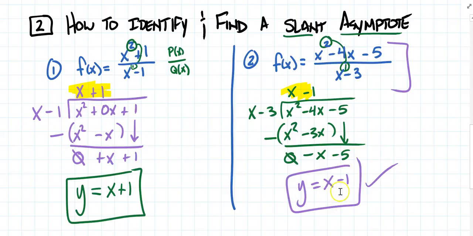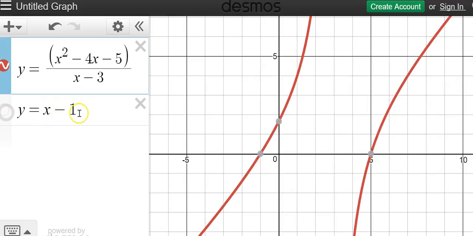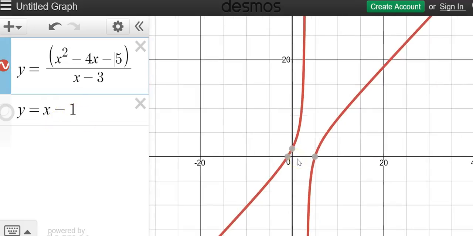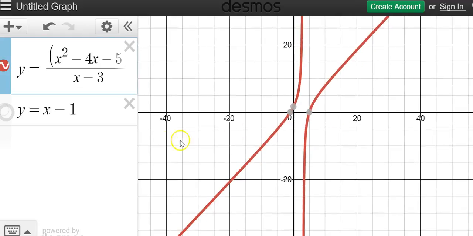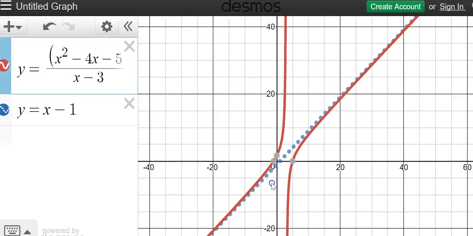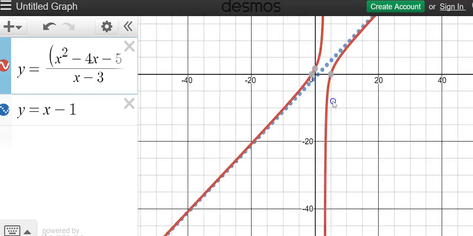And then we have the slant asymptote at y equals x minus 1. So taking a look at this rational function, if I zoom out a little bit more and move it around, you can see that yes, there is a slant asymptote there. And if we turn this on, we can see that indeed, that fits perfectly to that rational function.